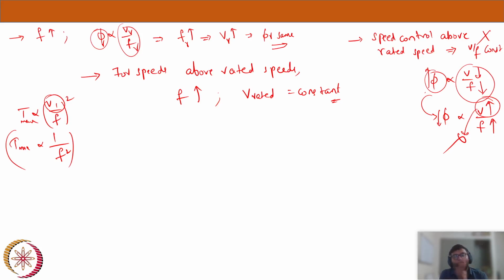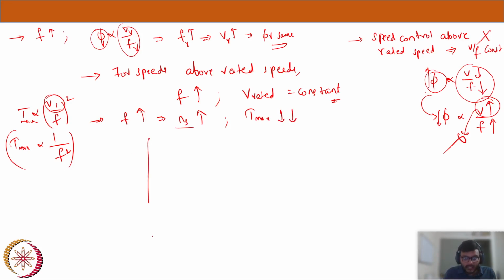So by a small change in frequency, we get a drastic reduction in maximum torque. As my frequency increases, my speed will go up, that is a direct relation to F by P, but my maximum torque will go down by the square. Drastically, you can see that.